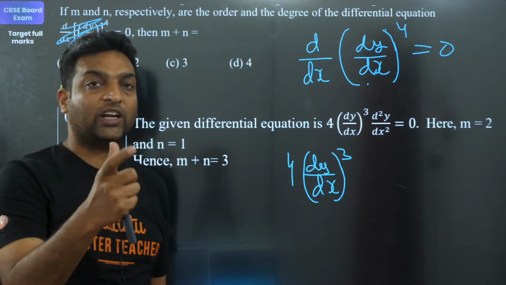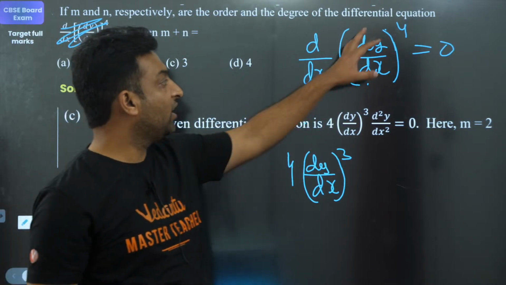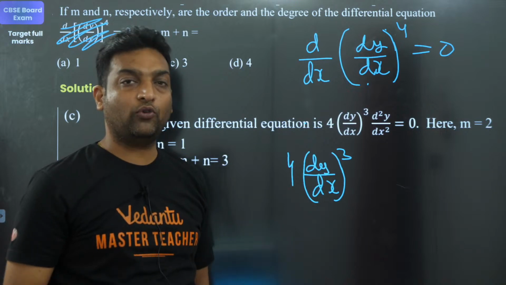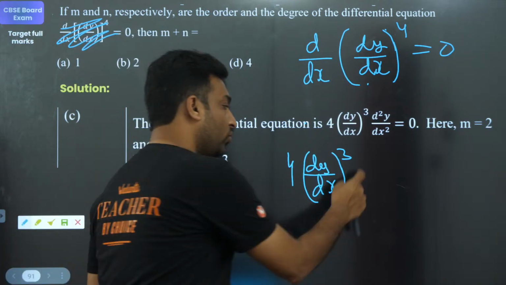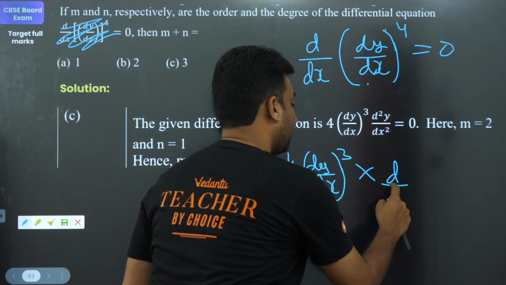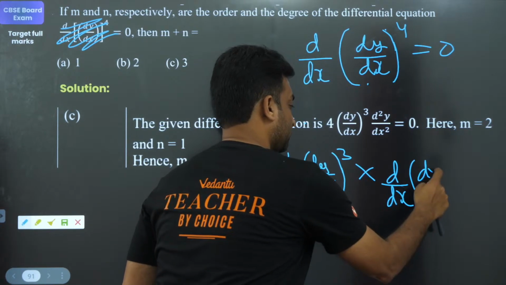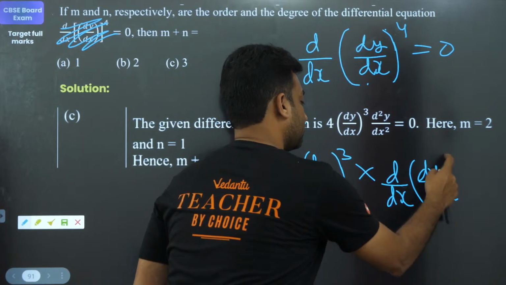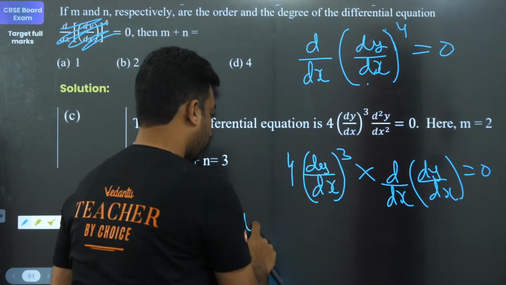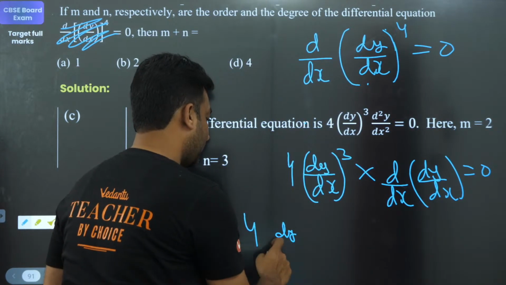The derivative of t raised to power 4 is 4 t cube. Similarly, the derivative of (dy by dx) raised to power 4 is 4 into (dy by dx) whole cube into the derivative of dy by dx. This becomes 4 (dy by dx) whole cube.